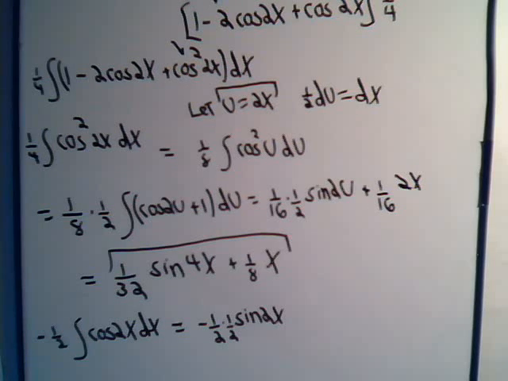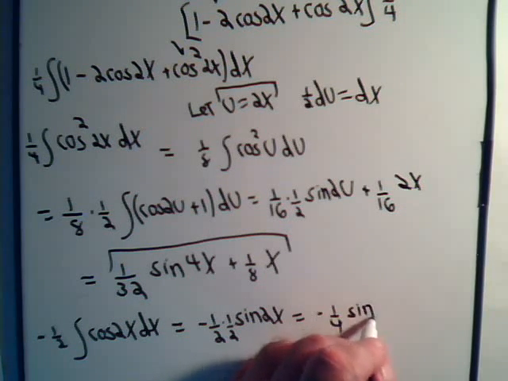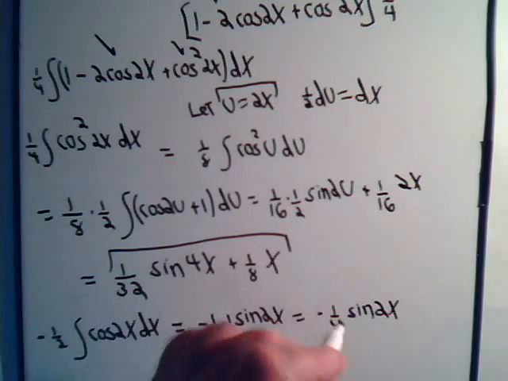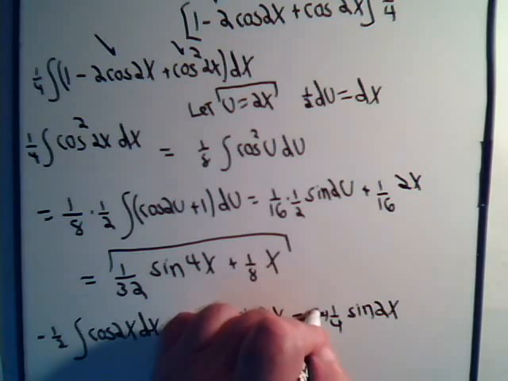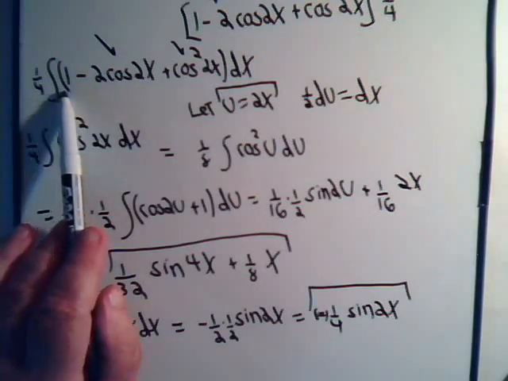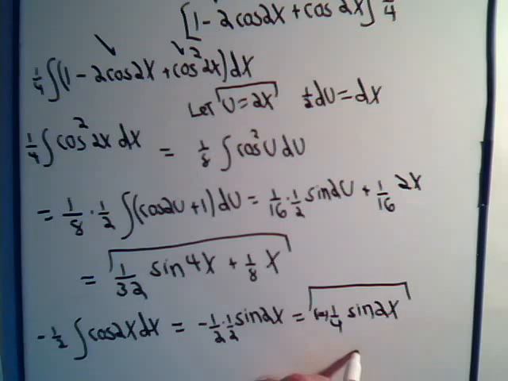And then it looks like that will be it for that. So this equals minus 1/4 times the sine of 2x. And that was from this integral. And then finally we have 1/4 the integral of dx. That will be x over 4.